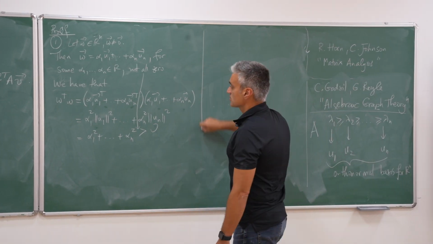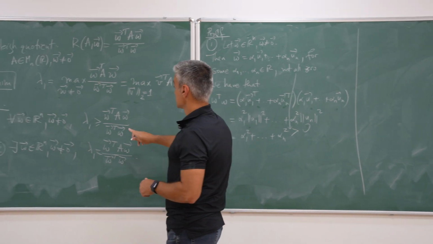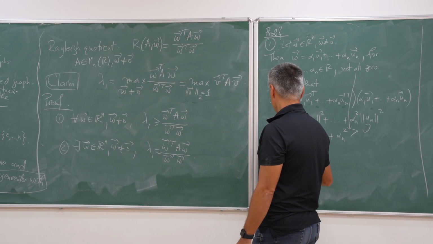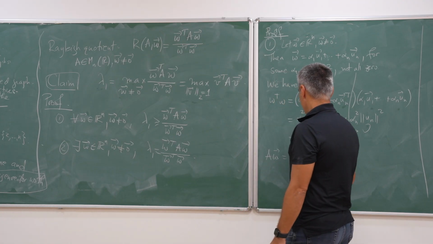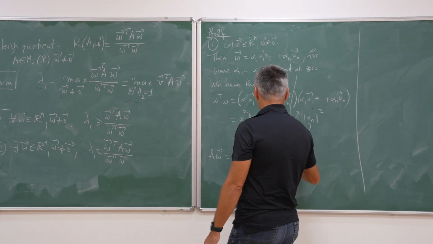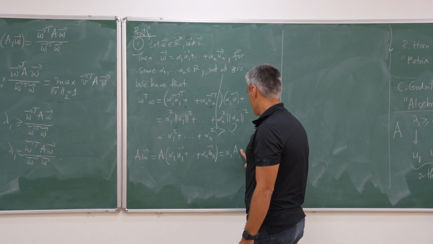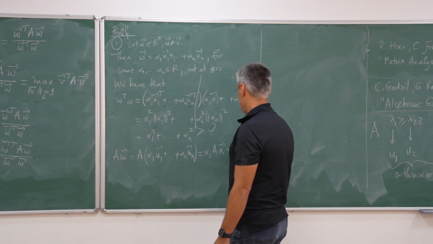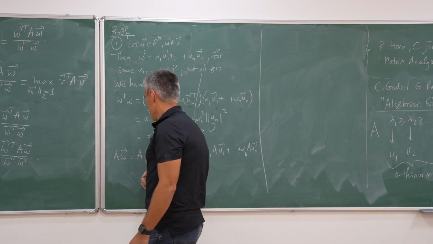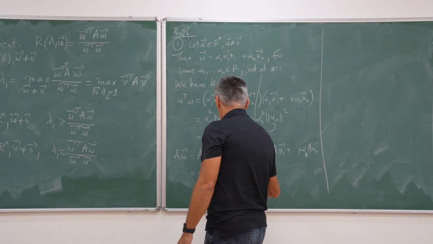And then the other calculation is W transpose A W. Let me do AW first. It is A times alpha 1 U1 plus ... plus alpha n Un, which is alpha 1 A U1 plus ... plus alpha n A Un. So alpha 1 lambda 1 U1 plus ... plus alpha n lambda n Un.